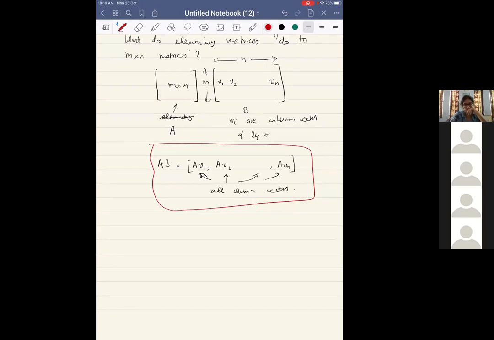And since you know what elementary matrices do to matrices, this can be re-expressed by saying that any m cross n matrix can be brought into row echelon form by a sequence of elementary operations. And elementary operations are adding a multiple of a row to another row, exchanging 2 rows, and multiplying a row by a non-zero scalar. So all this is what we will see in the next lecture.